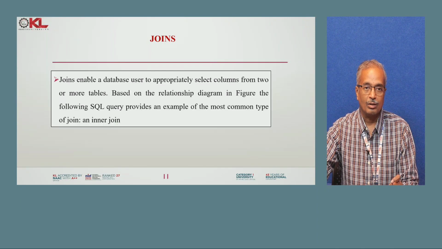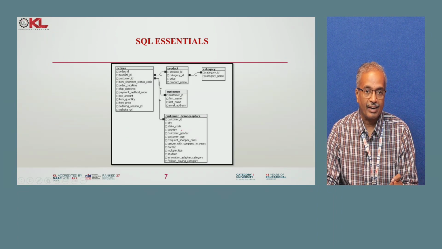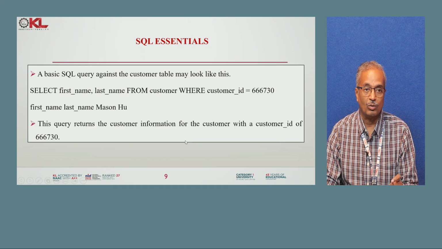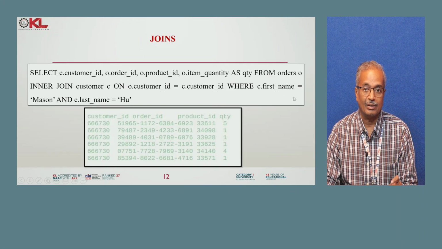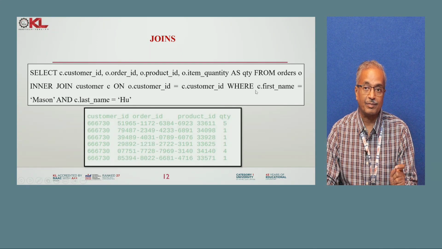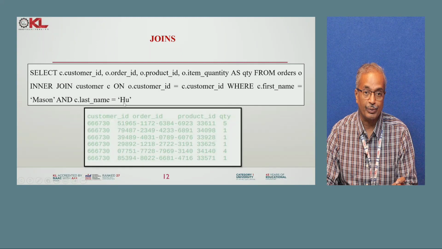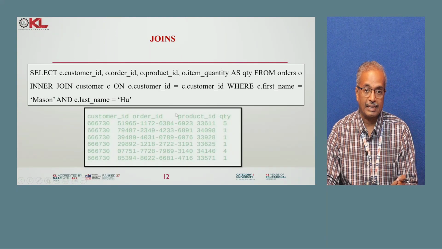So here you can understand, O dot customer ID and C dot customer ID. If you want to join these both tables, this is required. Hope you understand the syntax now, right. Where this is the constraint: the first name of the customer table should equal the last name of the customer table, Mason. So if you execute this one we can get the output like this.